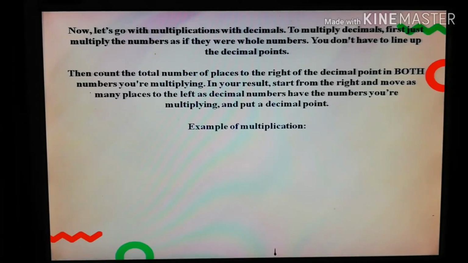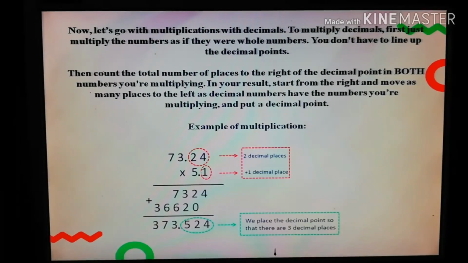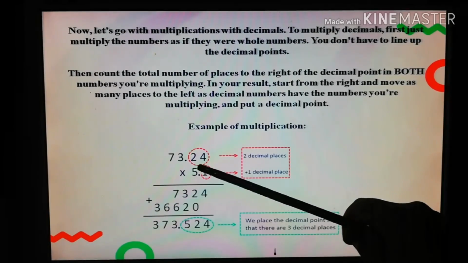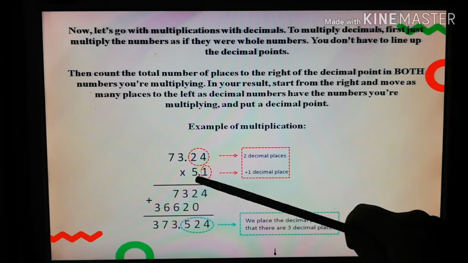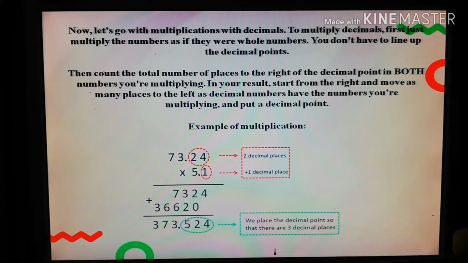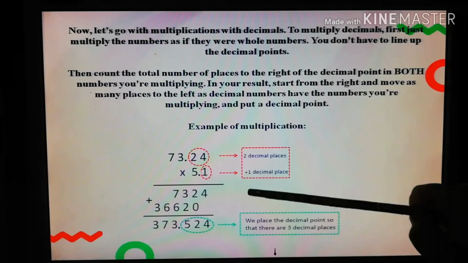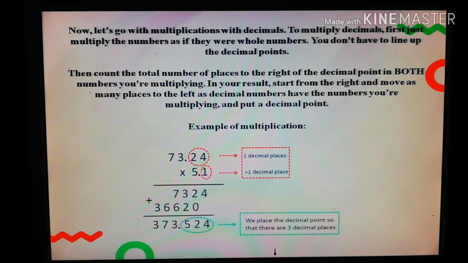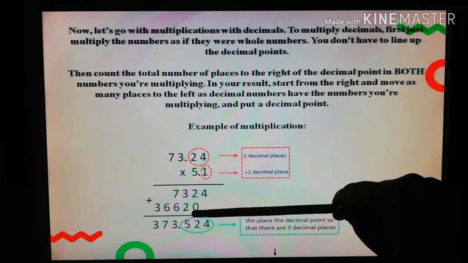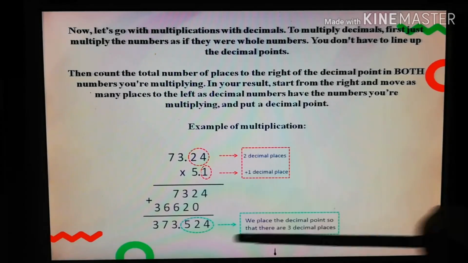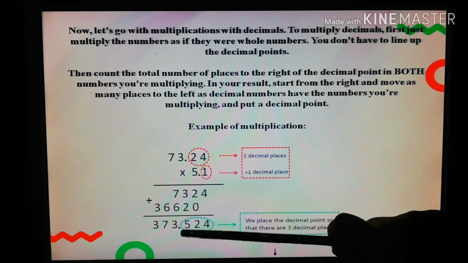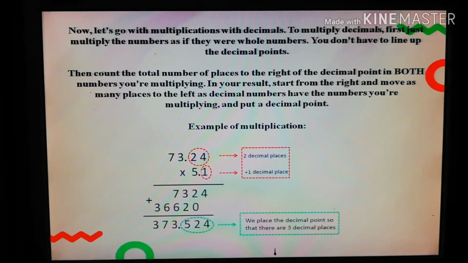Here we have the example of multiplication. Okay, for our example, we have 73.24 multiplied by 5.1. As you can see, the first number has 2 decimal places and the second number has 1 more decimal place. So we multiply as we usually do, then we add as we usually do, and we get our result, 373.524.